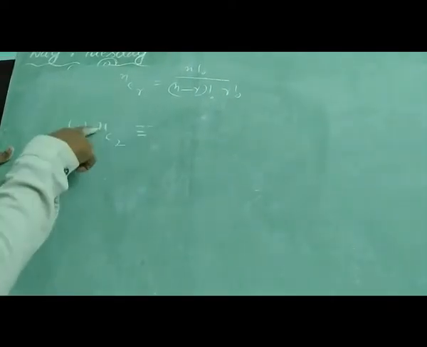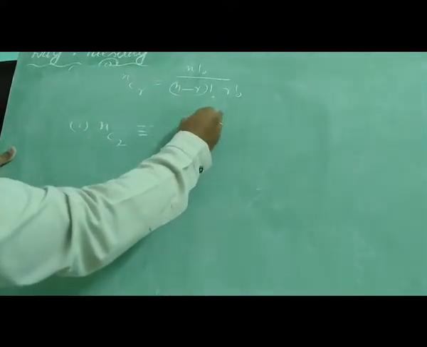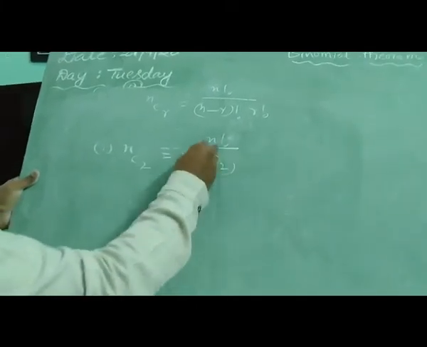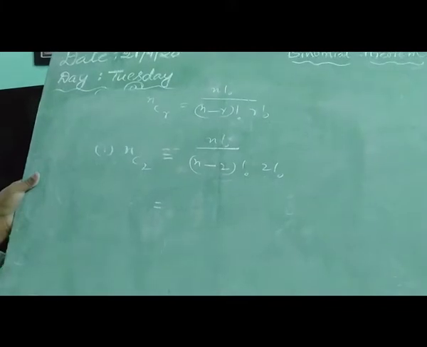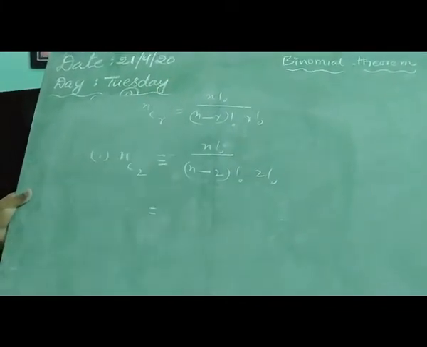Here r is equal to 2. Now replace these values: n factorial by n minus 2 factorial into 2 factorial.